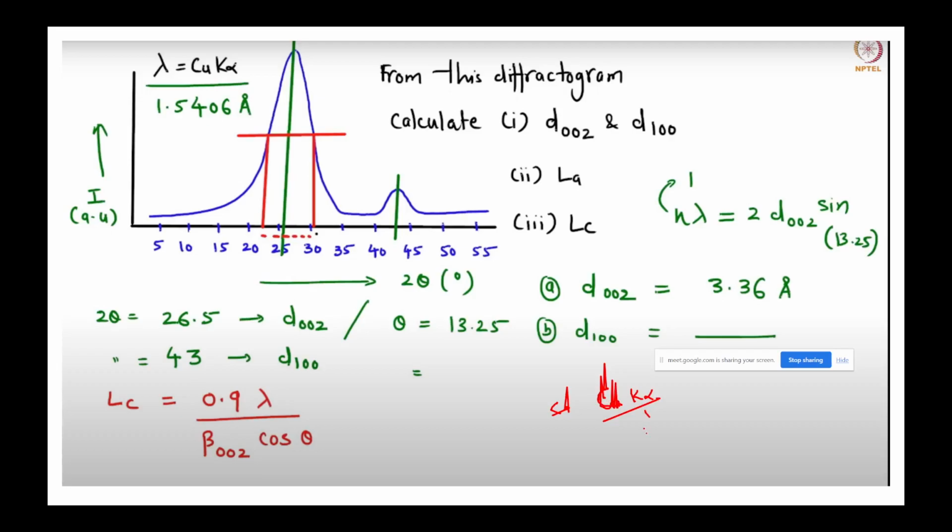Copper K alpha wavelength is 1.5406 angstrom. From this, this is your full width half maximum. So 2 theta is 26.543. How much would theta be? 13.25.